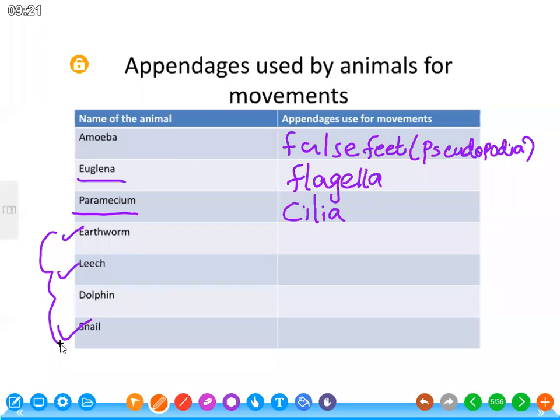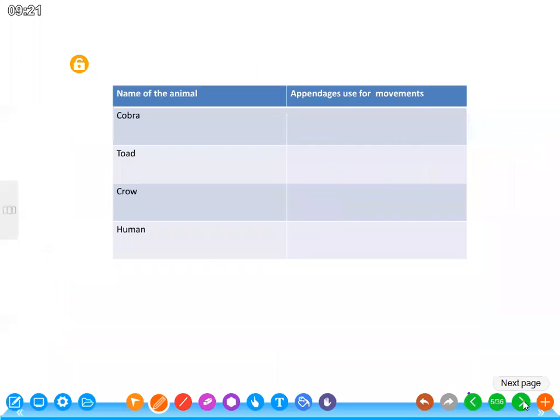Then dolphin, it uses flippers. Then cobra, this also has no special appendages. They use their body parts for their movement. Then toad, the appendages used for movements, limbs. Human, also limbs.